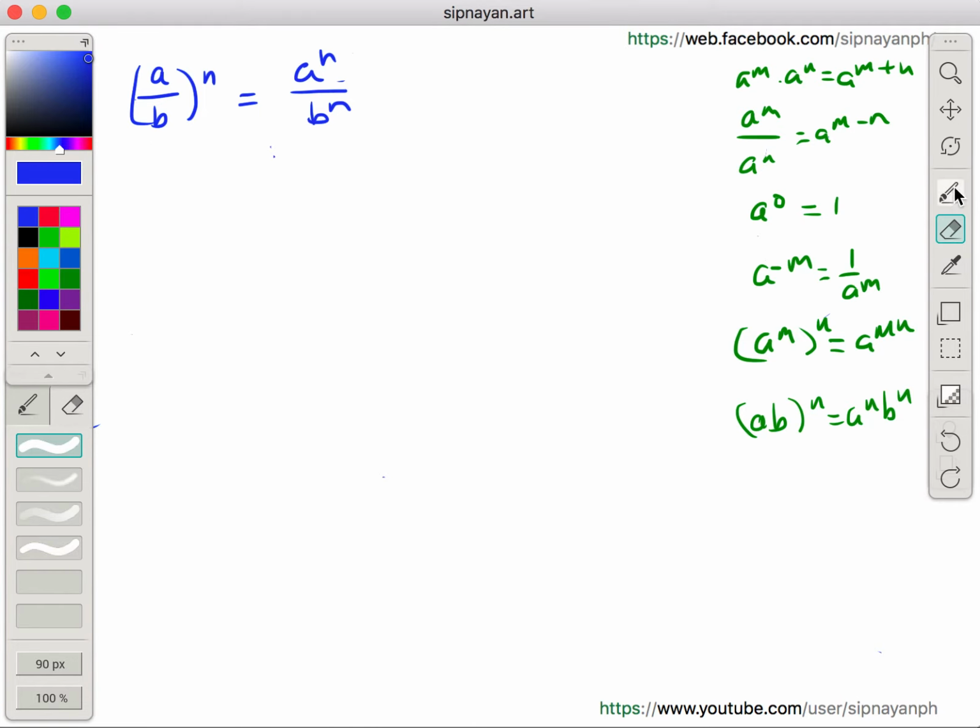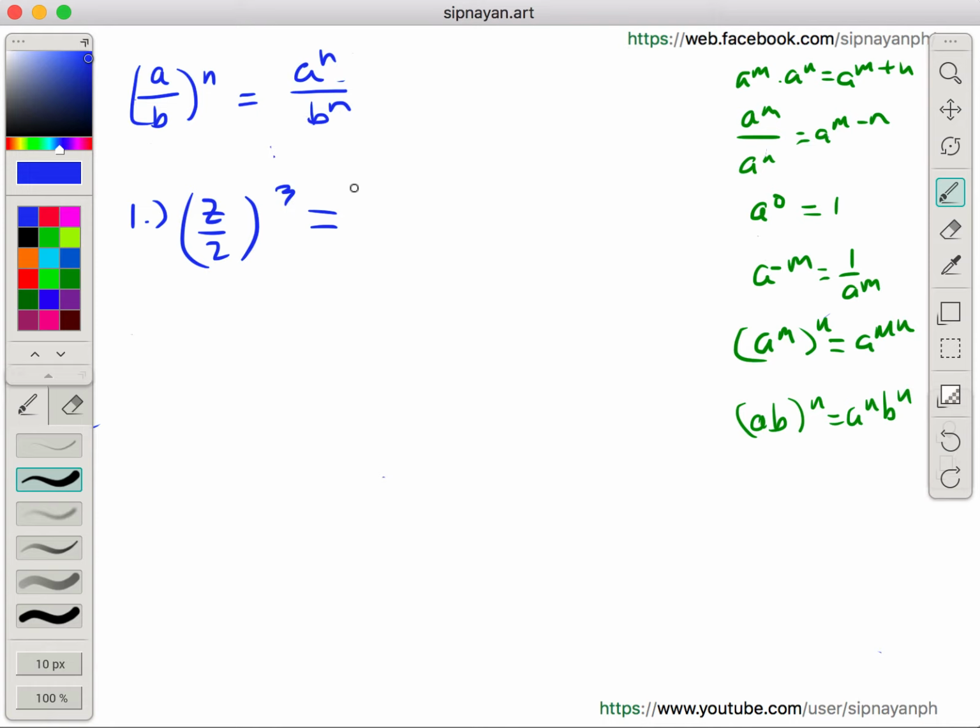So, let's have z over 2 cubed. So using this, we can split. Yung z, cube natin siya, and then yung 2. Okay? So this is equal to, kahit wala nang exponent, z cubed over 8.